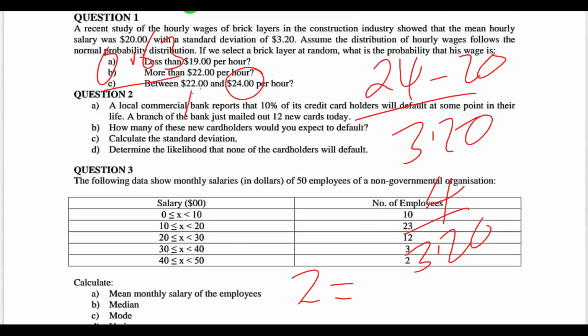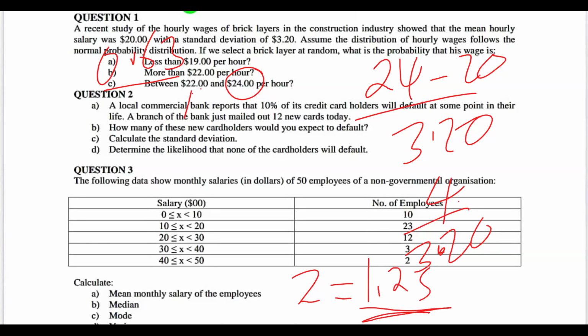Is it going to be 0? I doubt. This is 4 divided by 3.20. That is for 22. For 24 it is 1.25. Yes, it is already in 2 decimal places.